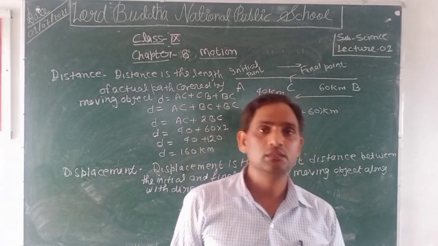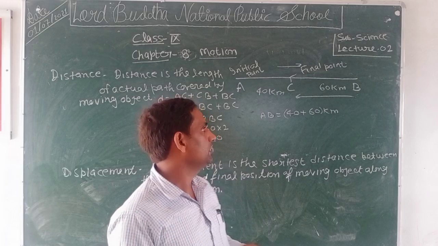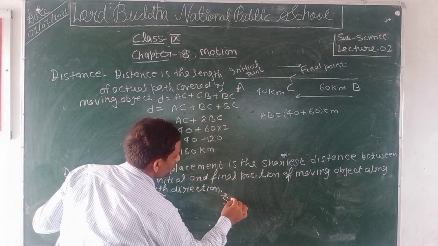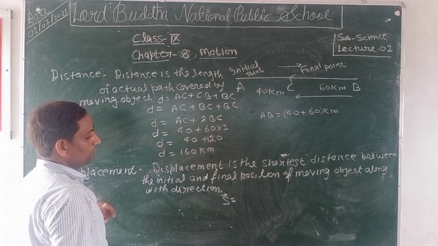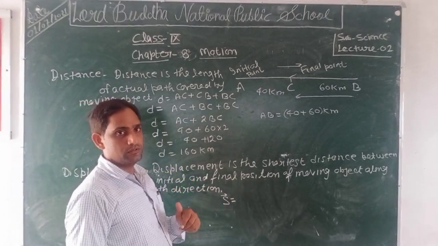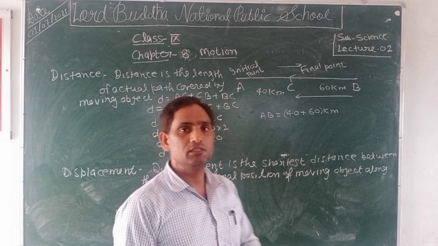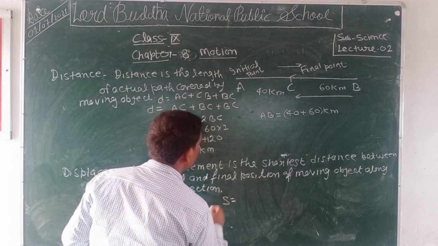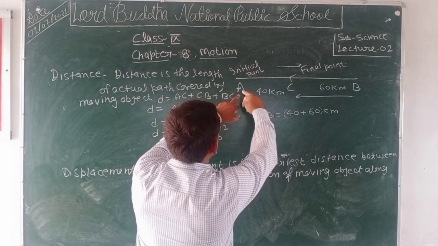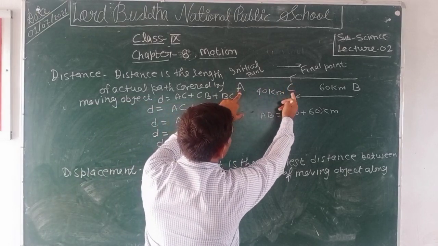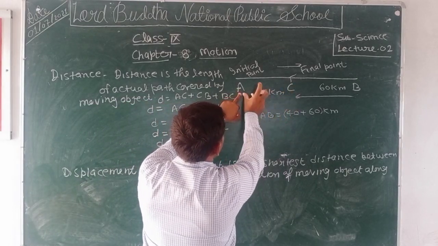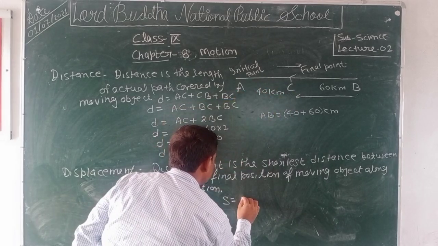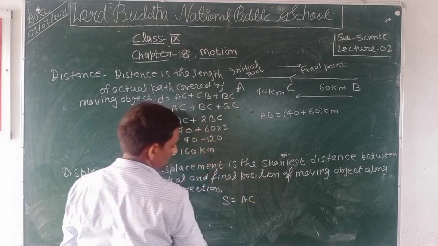Now we will calculate the displacement here. S equals S, displacement is a vector quantity, but when we calculate magnitude, we omit the vector sign. Hence, S equals initial point A and final point C. The length between initial and final point is 40 km, meaning AC.